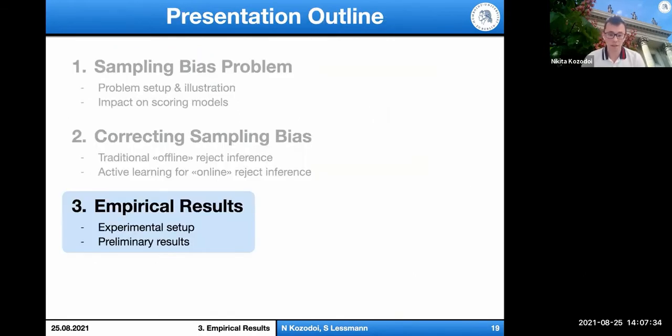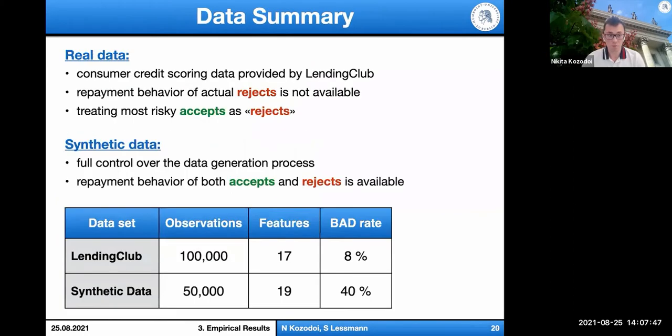And now let me move on to some of the preliminary empirical results that we have on the active learning for reject inference. So in our project, we currently work with 2 data sets. The first is a real credit scoring data set, one of these well-known data sets from the Lending Club, which is a consumer peer-to-peer lending platform.